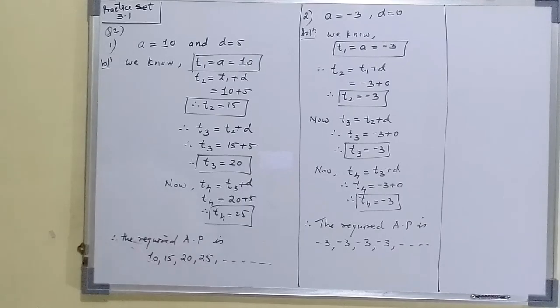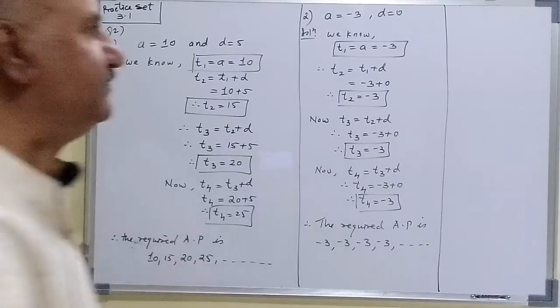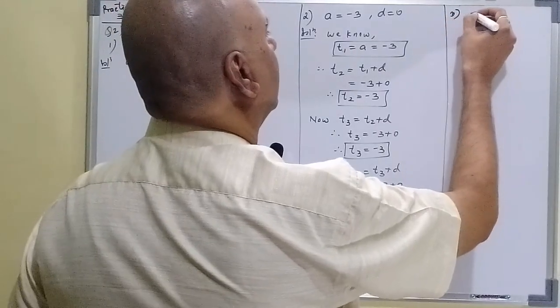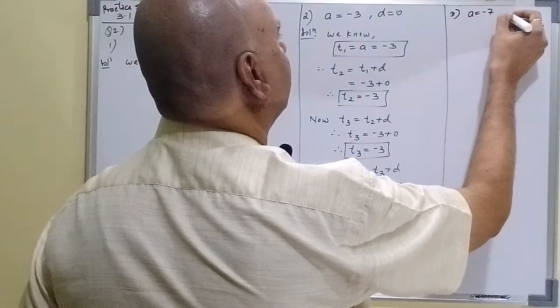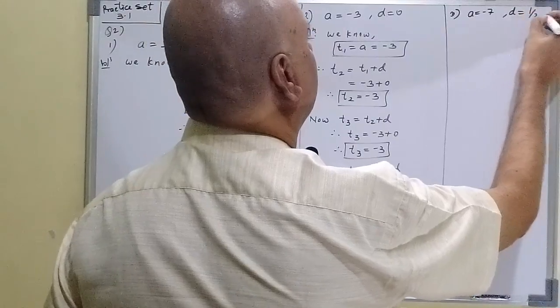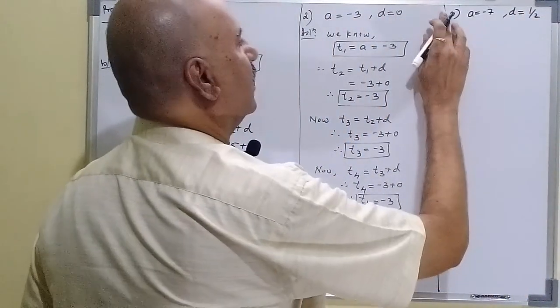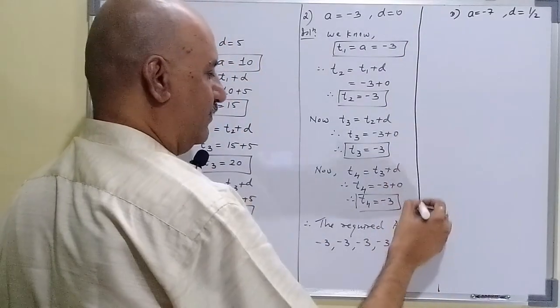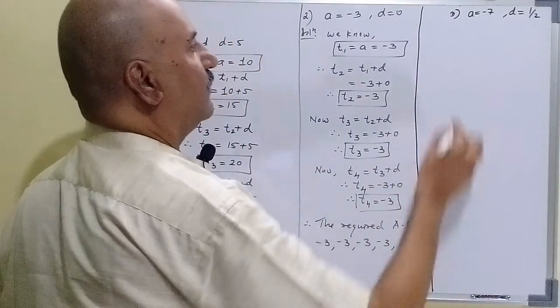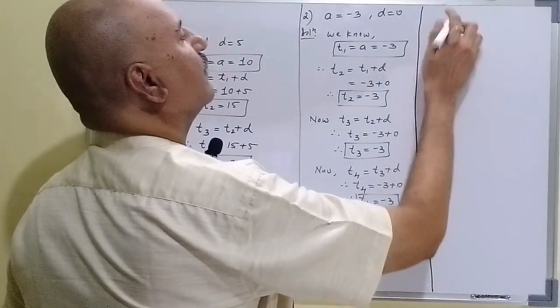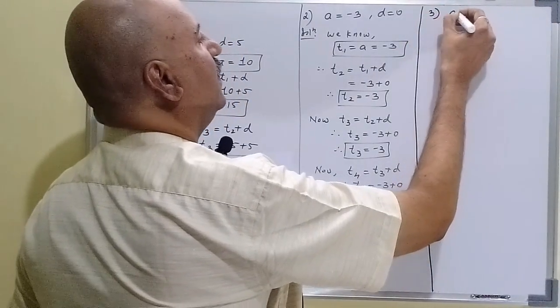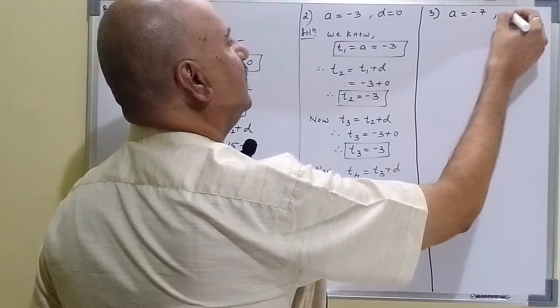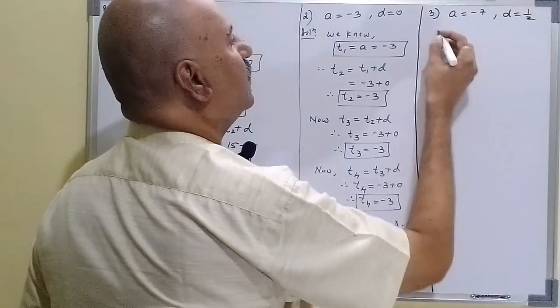They are given us A is equal to -7, D is half. A equal to -7, D equal to 1/2. अब सॉल्यूशन निकाल लो. Solution.